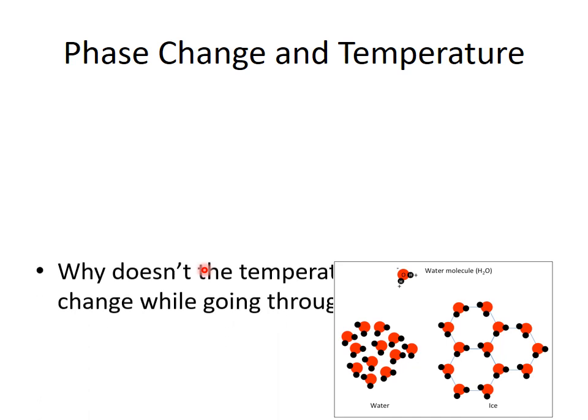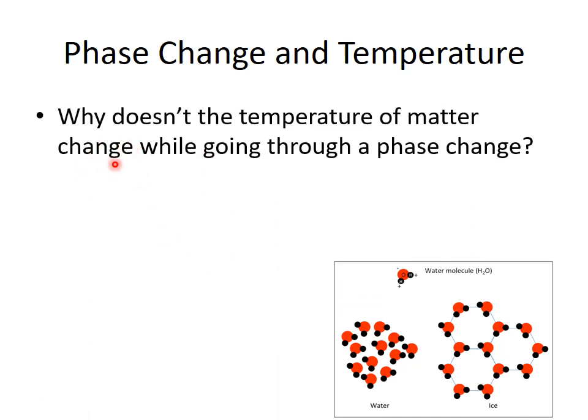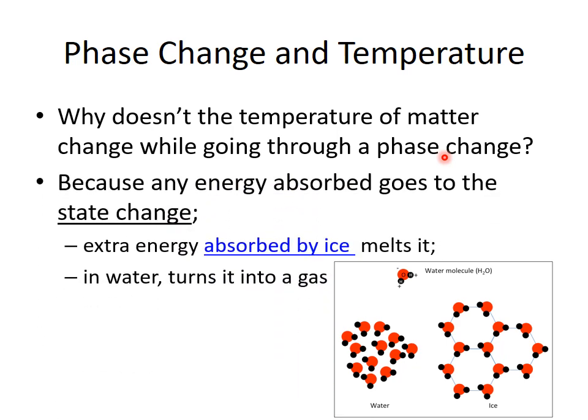So going on a little further here, one of the things you have to notice in the phase change graph is that when matter is going through the phase change, the temperature of that matter doesn't heat up. For example, ice doesn't get any warmer than 0 degrees Celsius. Why does that happen?